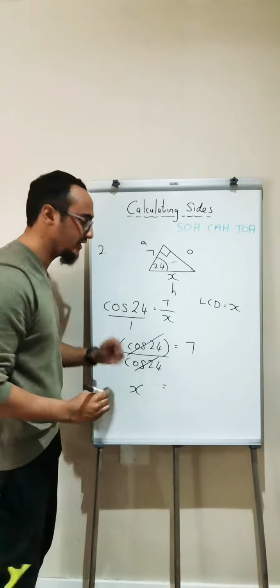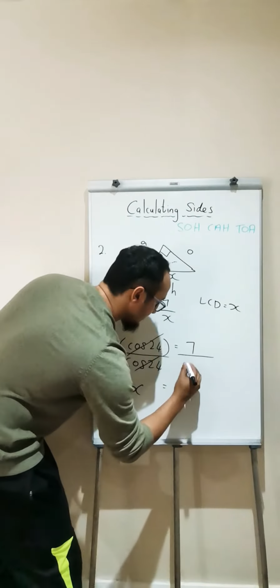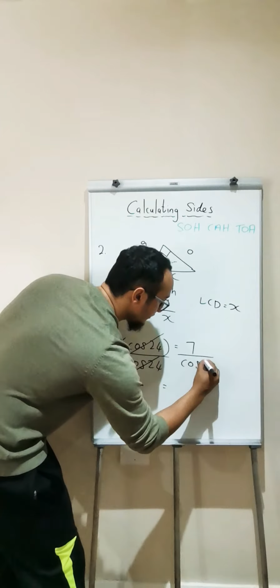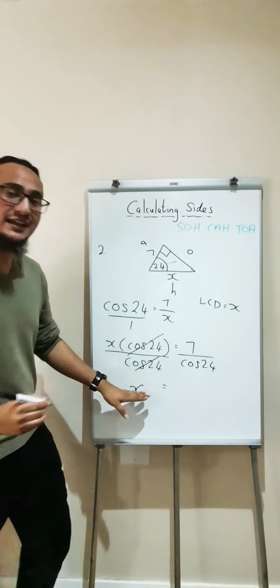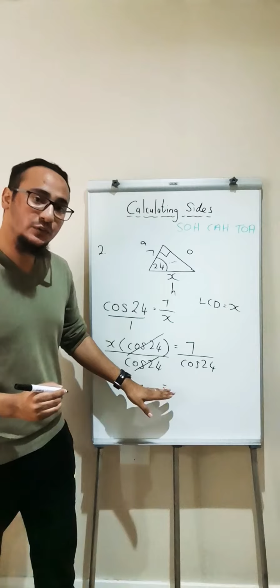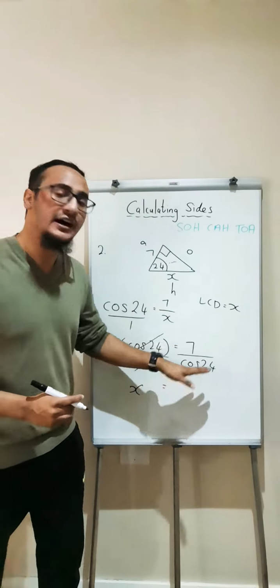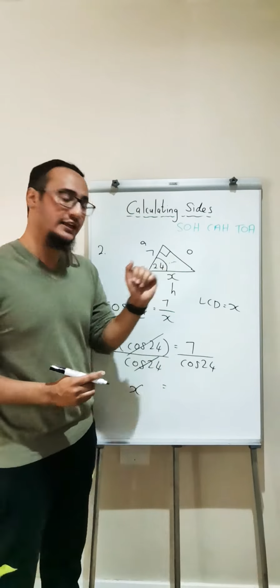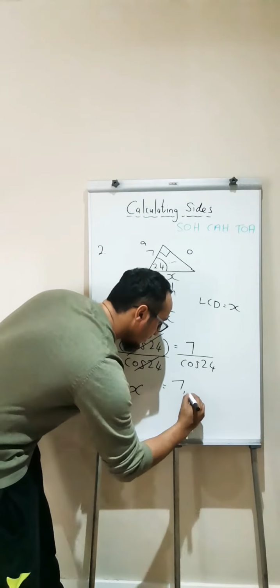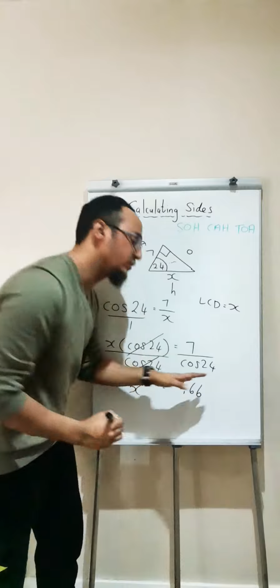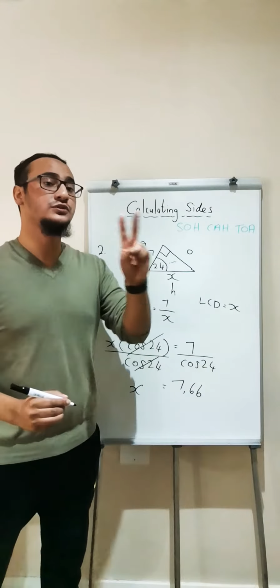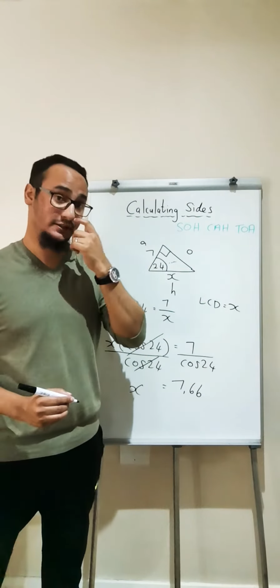So x over here will be equal to, I type into my calculator, 7 divided by cos of 24, and I get the answer of 7,66 units. Remember, I round off to 2 decimal places if necessary.